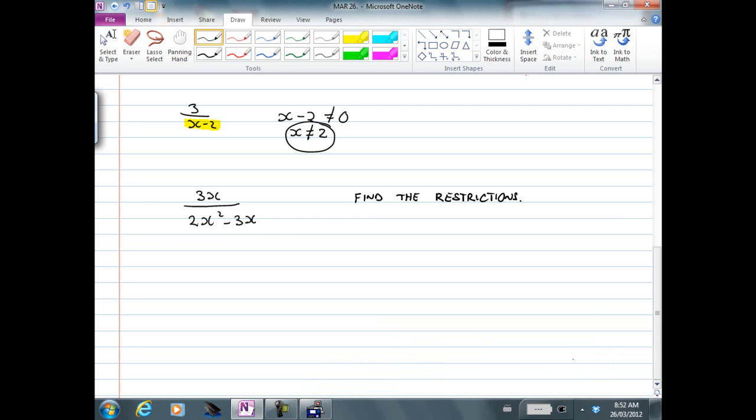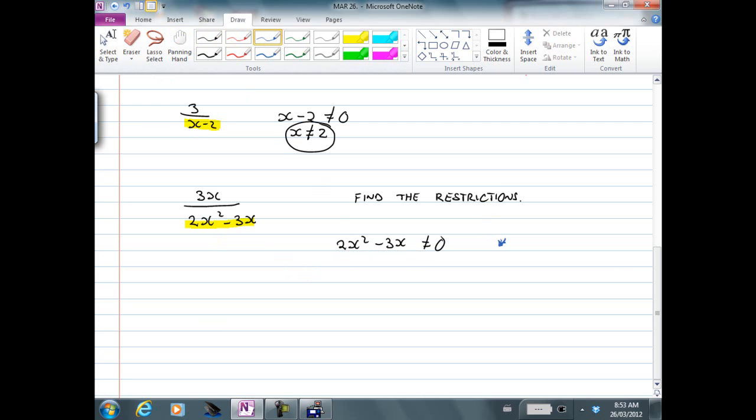I walked around and a lot of you said, hey, this is easy. I'm just going to go 2x squared minus 3x cannot equal 0 because that's the denominator, which is correct. But here's where you made errors. When in doubt, F it out. What can you factor out right off the bat? X. Everything you can do now is very heavy duty factoring.